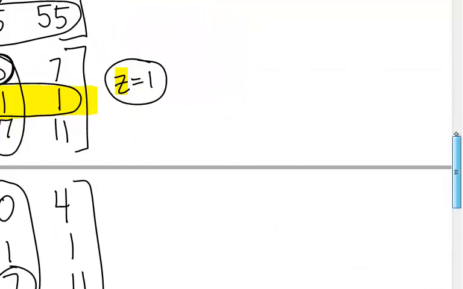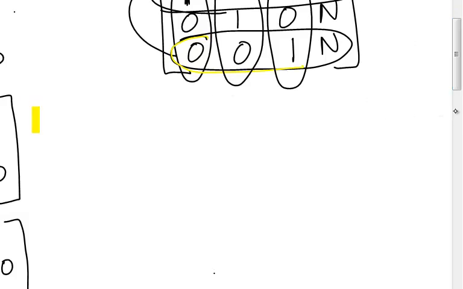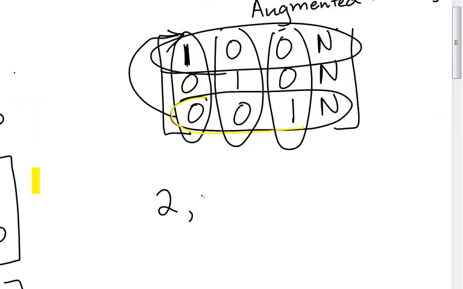2, -1, 1. Go all the way back up. That should work in all three of them. So if you sub it back in, 2 plus 2 would be 4, plus 3 would be 7. Yes. 4 plus a -1 is 3, 3 plus 1 is 4, yeah, that works.